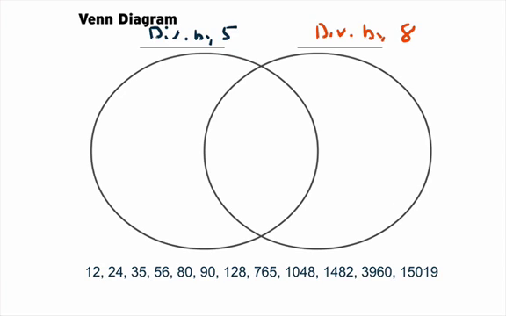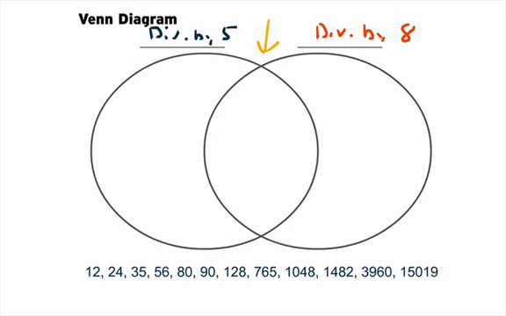So on the bottom, you'll see a list of numbers. Any numbers that are divisible by 5 will go in the left-hand circle. Any numbers that are divisible by 8 will go in the right-hand circle. And what happens if they're divisible by 5 and 8? Then they actually go right in the middle section, because that way they'll be in both circles.